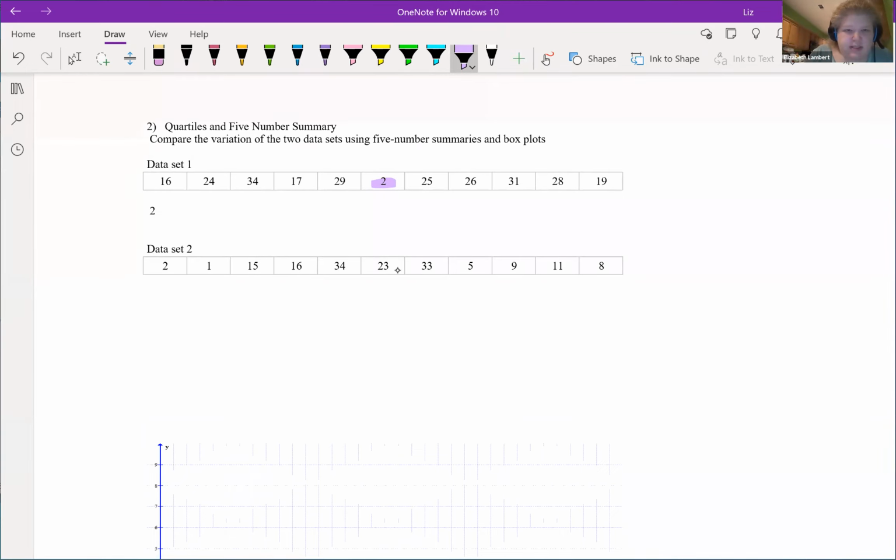Let's see, I see 16, 17, and 19. And mark those off. 17, 19, 24, 25, 26, 28, 29.